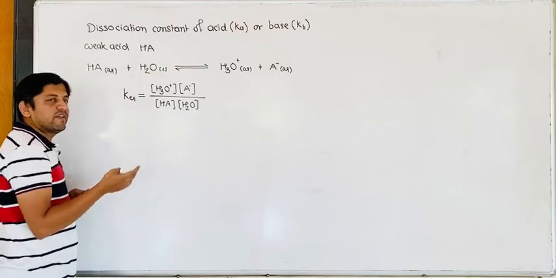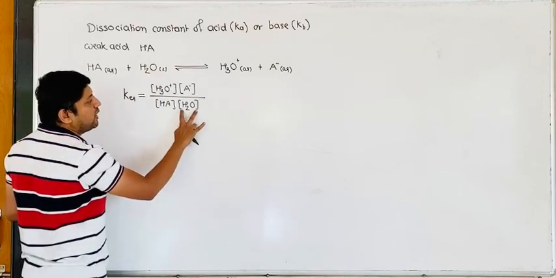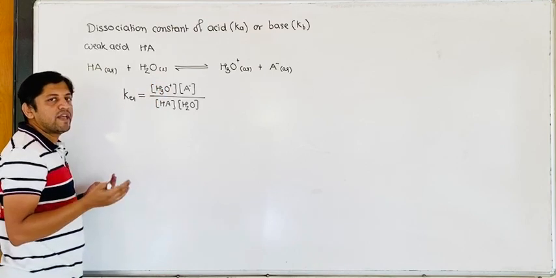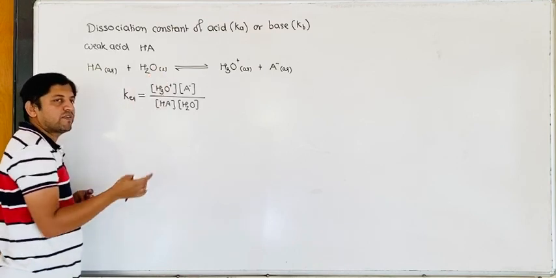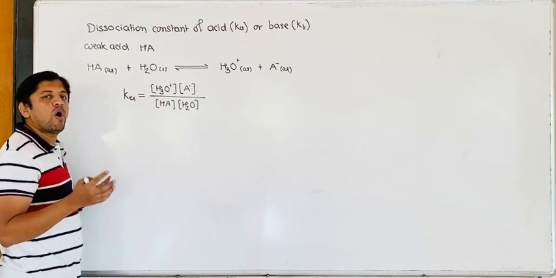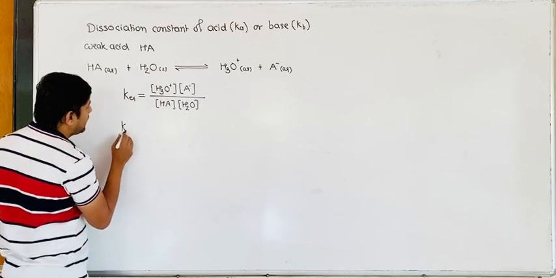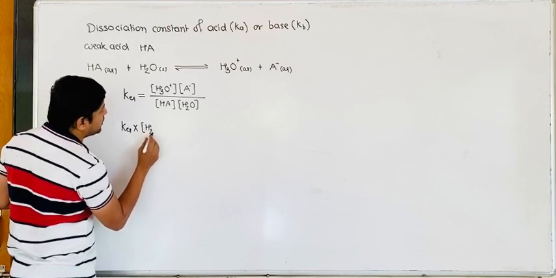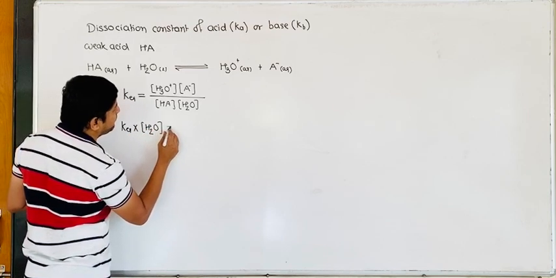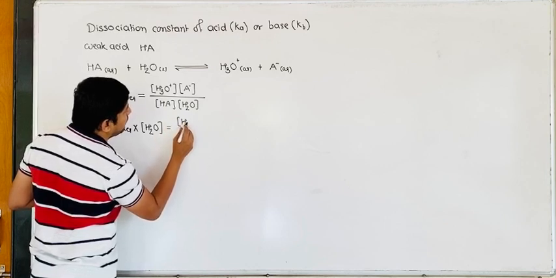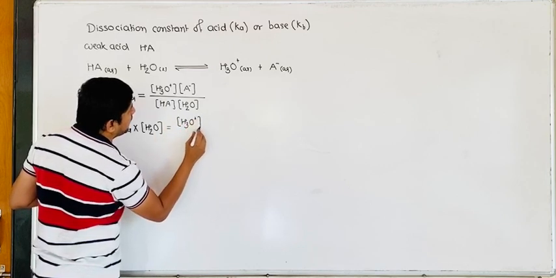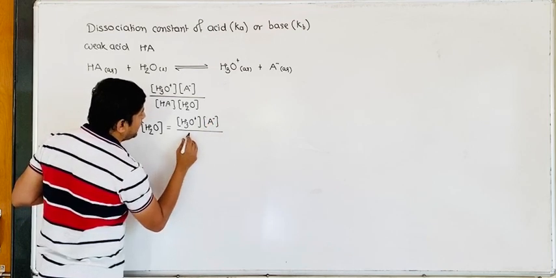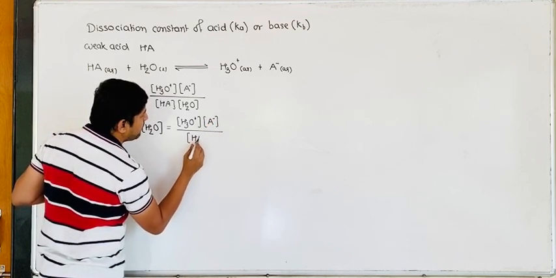H2O is present in excess, so at equilibrium its concentration will almost remain constant, or you can say that it is a pure liquid, its concentration is considered as 1 or unity. So K equilibrium into concentration of H2O, which is also constant, is equal to concentration of H3O+ into A minus divided by concentration of HA.